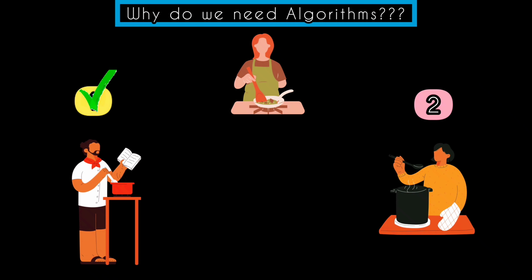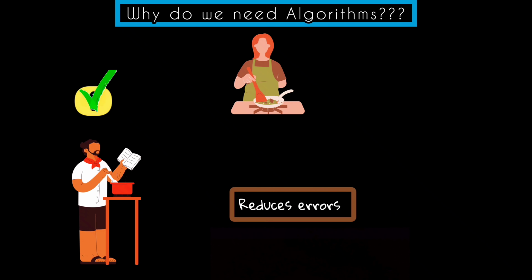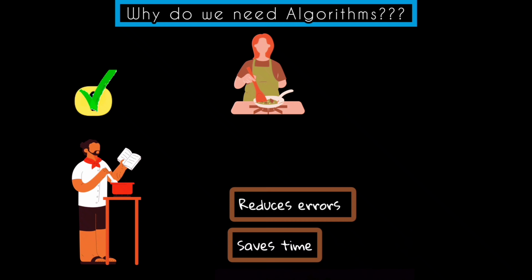And you'll choose it because you know that while cooking, following a recipe would result in fewer errors. And for that, you won't have to start over and over again. Likewise, an algorithm will help you to make fewer errors while implementing the program, so that you don't have to start over and over again. And that's the reason we write algorithms before writing a program.